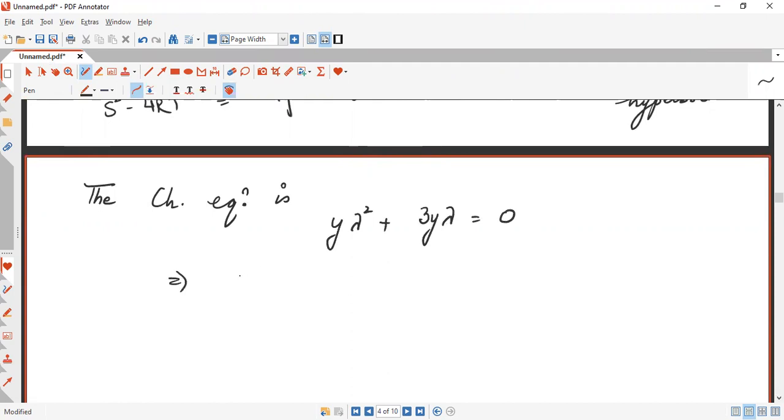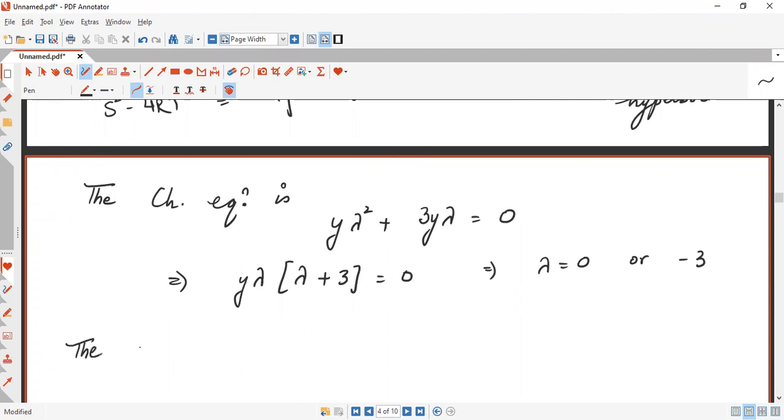Solve it for lambda. So either lambda will be 0. Distinct roots are here.